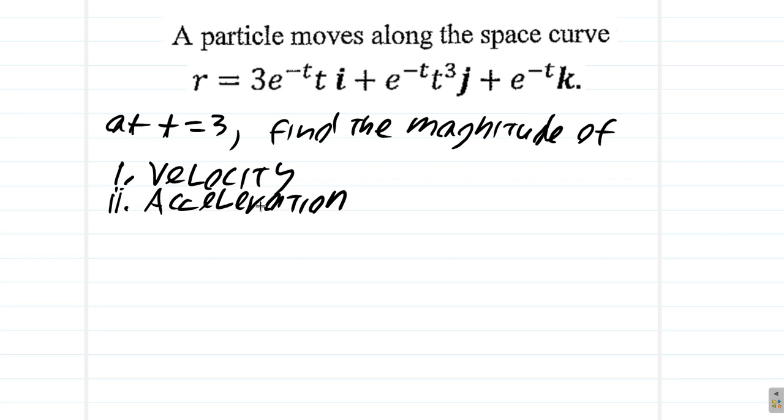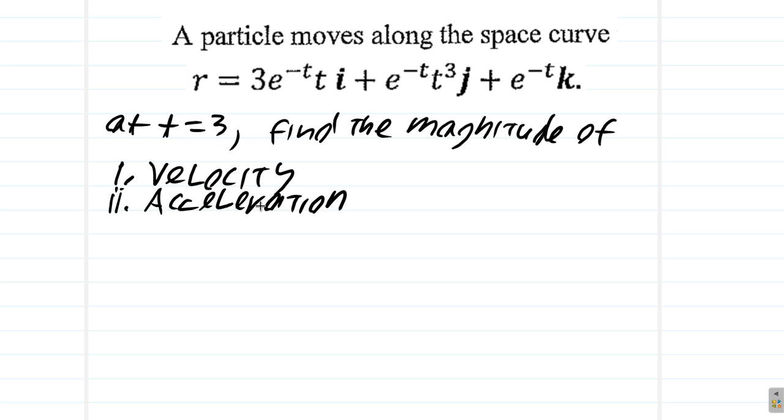A particle moves along the space curve r equals 3e to the negative t multiplied by t in the i direction, plus e to the negative 3 multiplied by t cubed in the j direction, plus e to the negative t in the k direction, right?